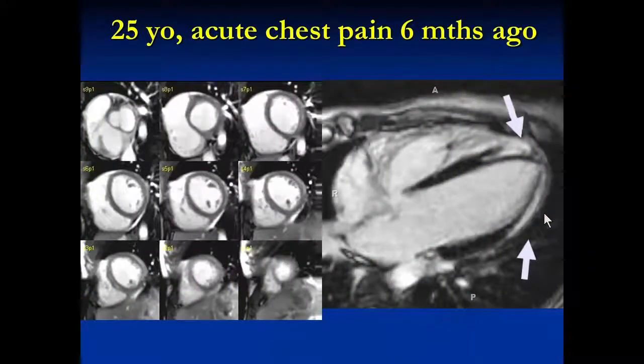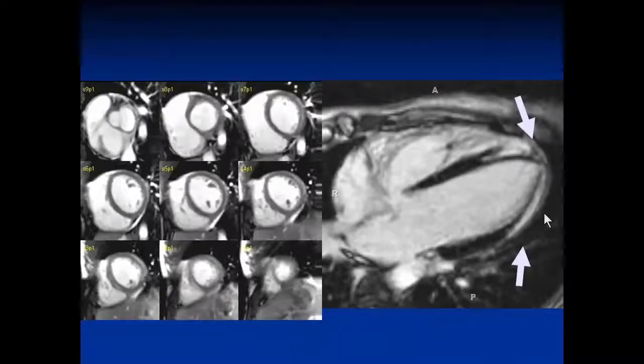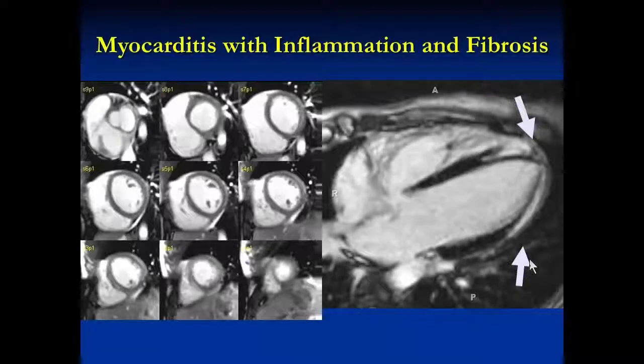Now, sometimes the presentation is much more acute, and in those, my experience is that generally these are going to be younger patients, and sometimes you're going to be involved on somebody who actually has bouts of what people think are acute myocarditis because they have a strange EKG, and they haven't shown up yet with delayed enhancement.